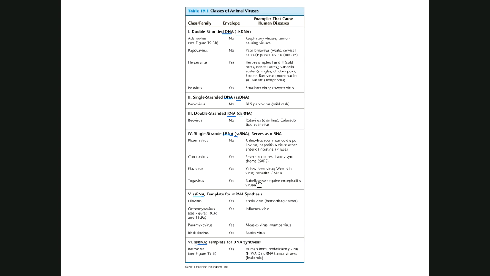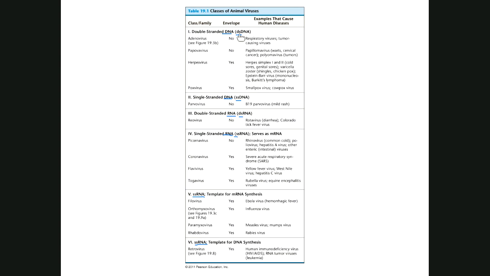If it's a DNA virus, does it have its genetic information stored in double-stranded DNA? If so, it's classified as a class 1 virus. You can see some of these viruses listed here, such as the herpes virus and the smallpox virus.